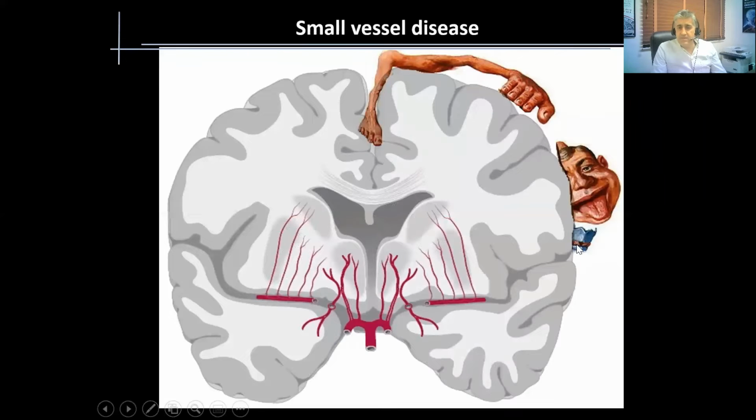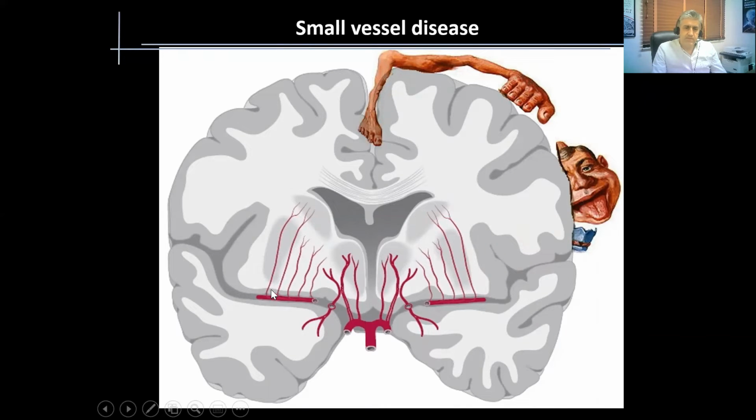And what is the mechanism behind this small vessel disease or small artery disease? Actually, these are the small arteries that we're discussing about. These are actually arterioles, very narrow arterioles, which, as you see, go out almost perpendicular from the mother artery, which is, for example, here the middle cerebral artery, or for example, the basilar artery and the posterior circulation.